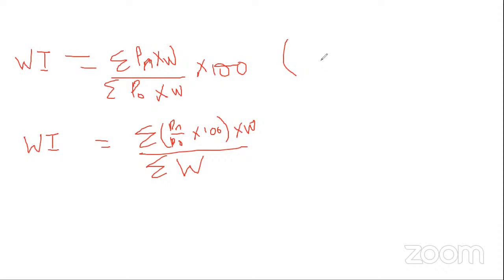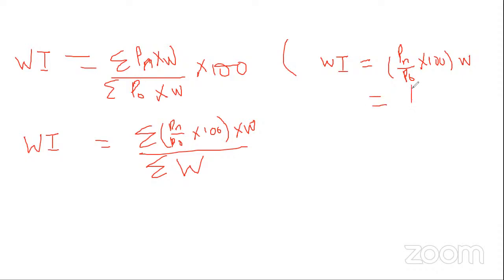And if we are to calculate the weighted index for each commodity, we get Pn over P naught times 100, which is the price relative, and then multiply by the weight.